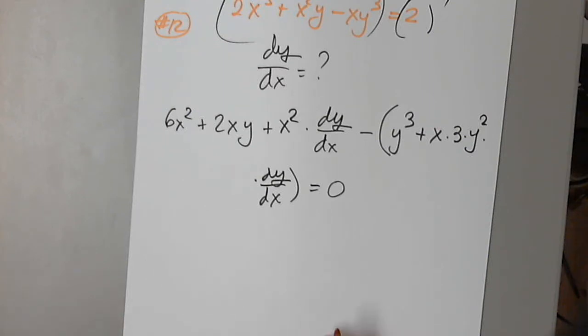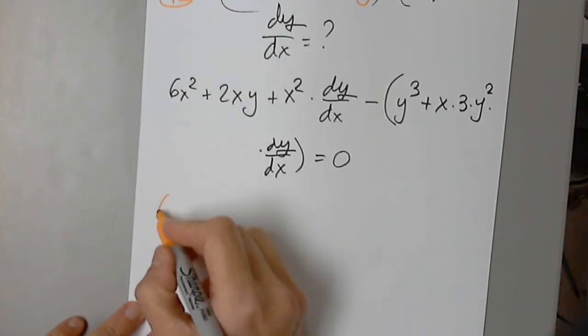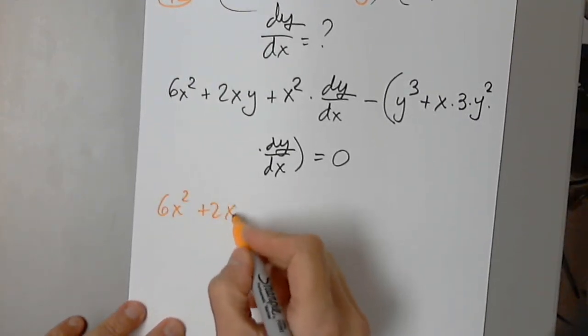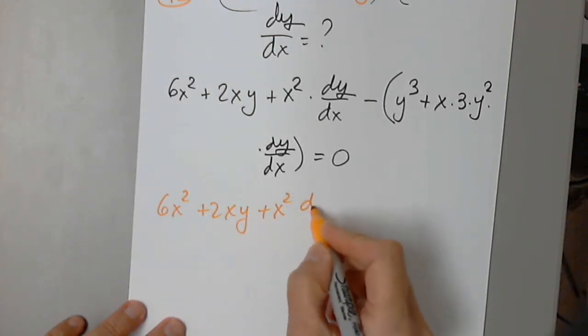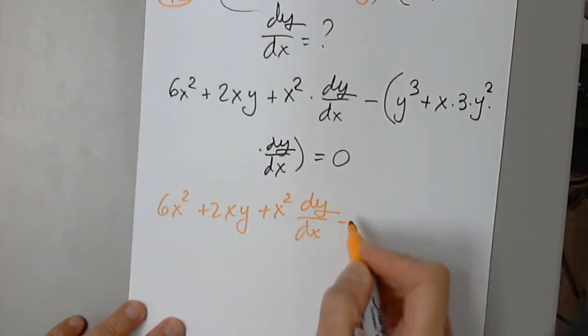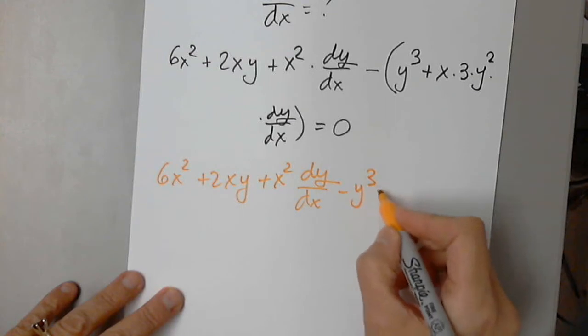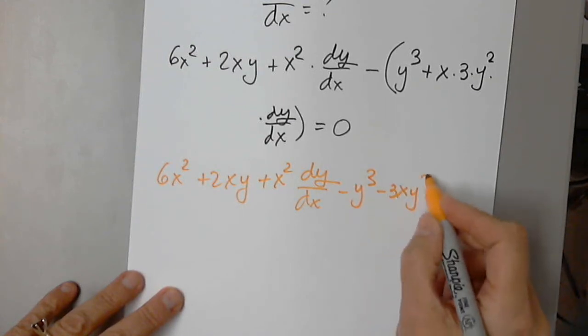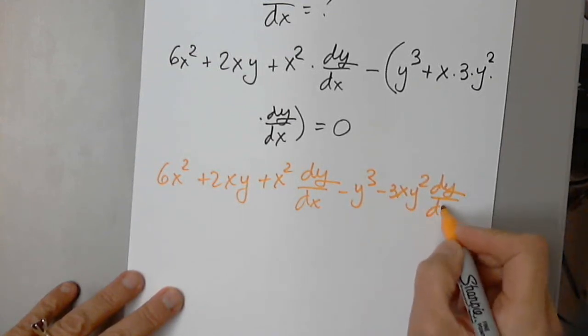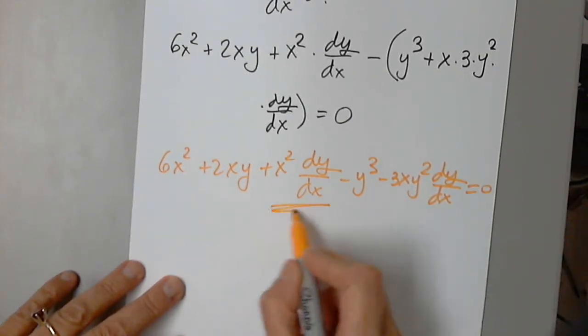Perfect. Let's distribute now and clean it up a little bit. 6x squared plus 2xy plus x squared dy over dx minus y cubed minus 3xy squared dy over dx equals 0.